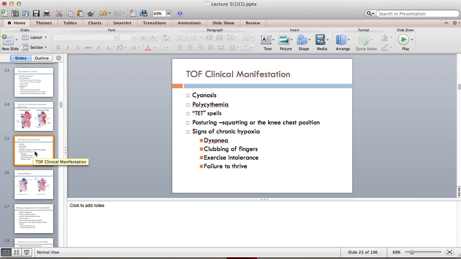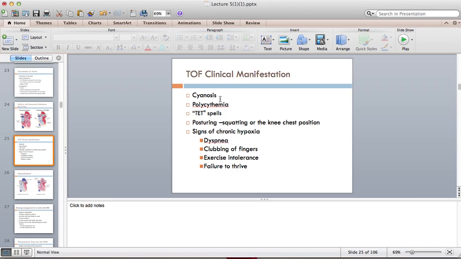And because that patient is cyanotic, the body, in attempt to compensate, will say, okay, I am lacking oxygen. I need to make extra red blood cells, because you know that the function of the red blood cells is to carry oxygen to the body.